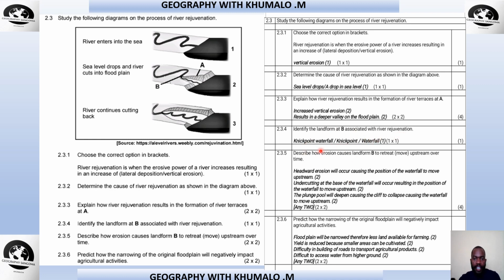What is that? A waterfall, or a nick point. So any of those answers is correct.